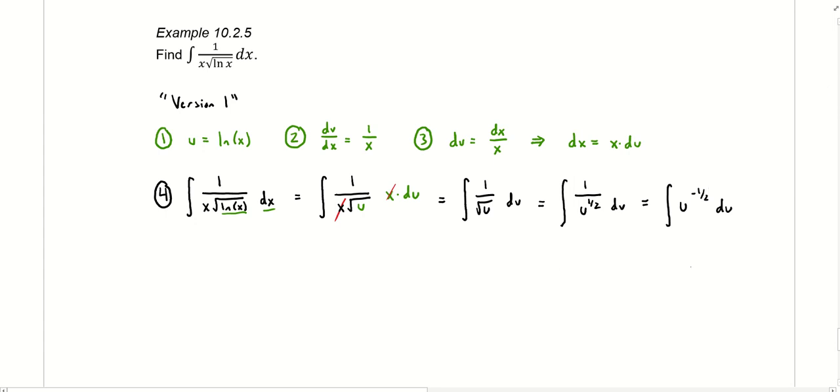So if I integrate this thing, I'm going to have 1 over n plus 1, so 1 over negative 1/2 plus 1, times u to the n plus 1, and then, of course, my plus c.